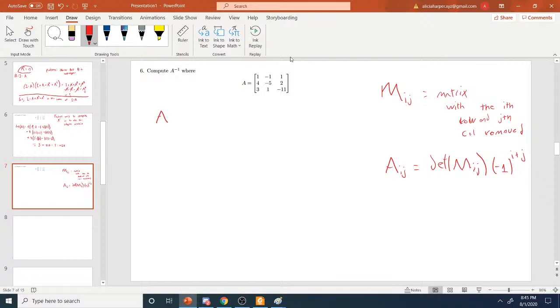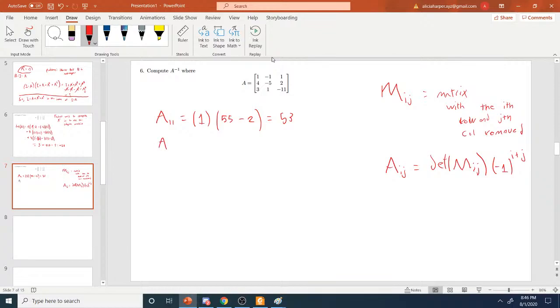So A11 here, we omit first row, first column, and here we're just going to have a +1. So +1 times 55 minus 2 is equal to 53.